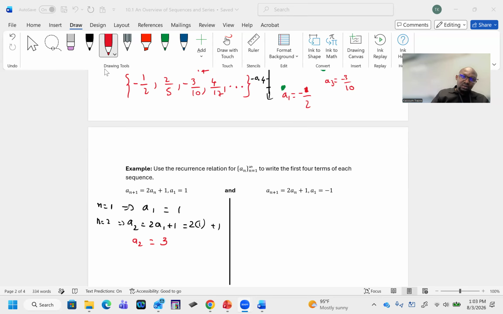So A3 would be equal to what? 2 times A2 plus 1, which will be 2 times 3 plus 1. So my A3 will be 2 times 3 is 6, 6 plus 1 is 7.